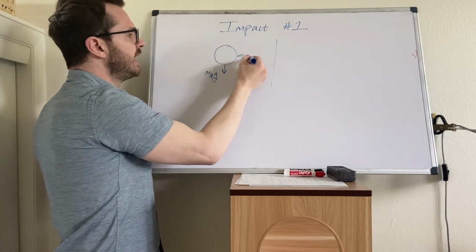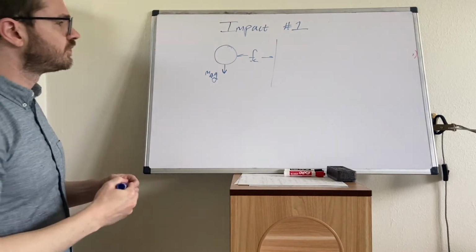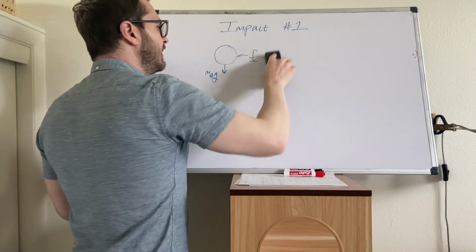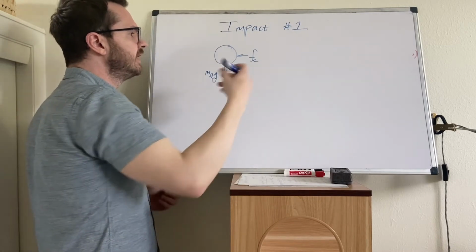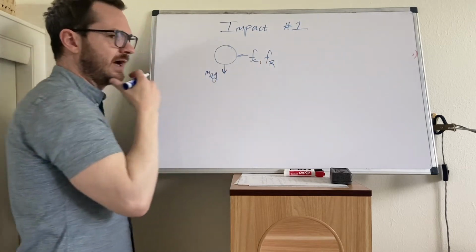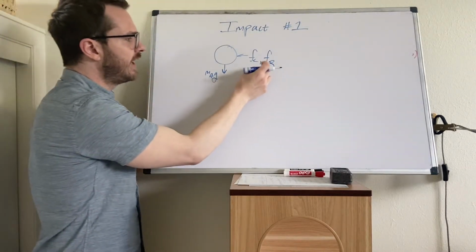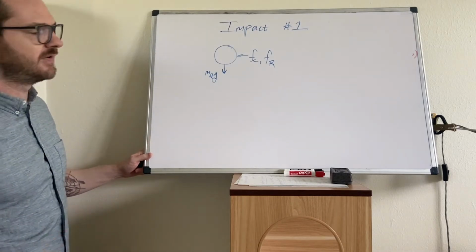There's going to be a compressive force between these. And similarly so this will be the compression phase, and similarly during restitution phase, we're going to have a restitution force acting on it as well. You don't have both of these at the same time, right? It's 2 distinct phases, but they act in the same direction.